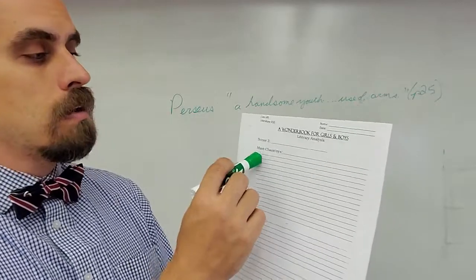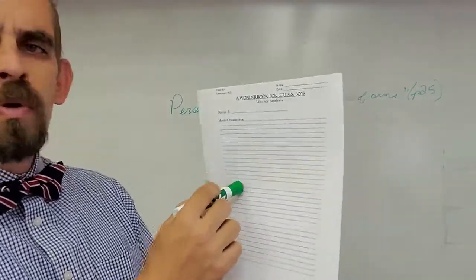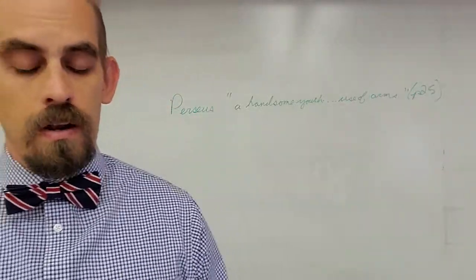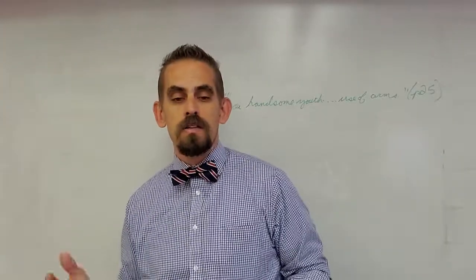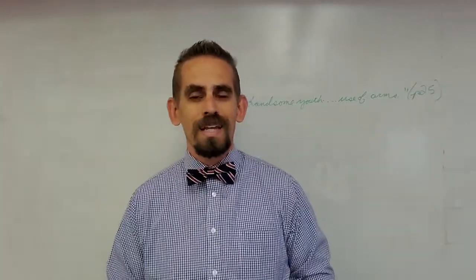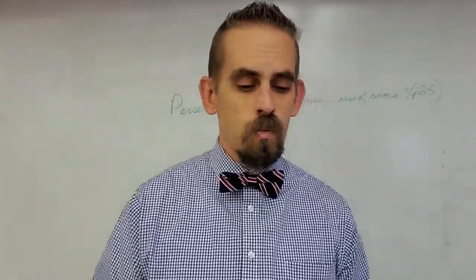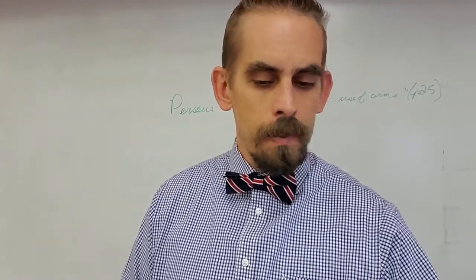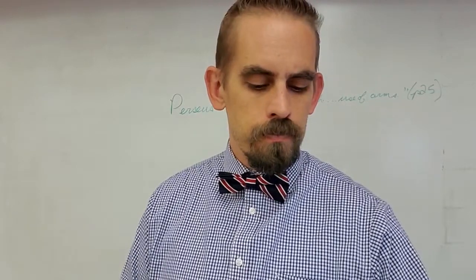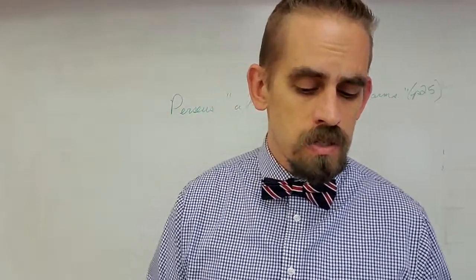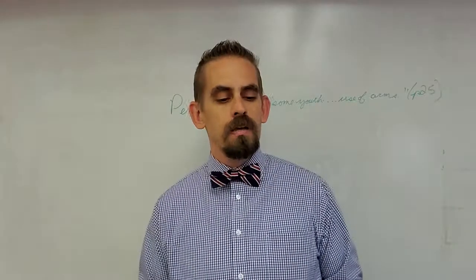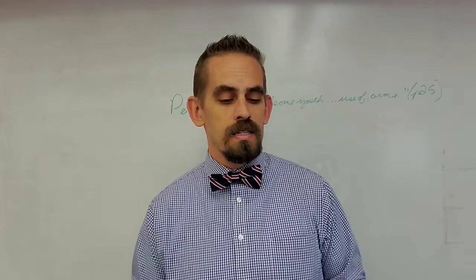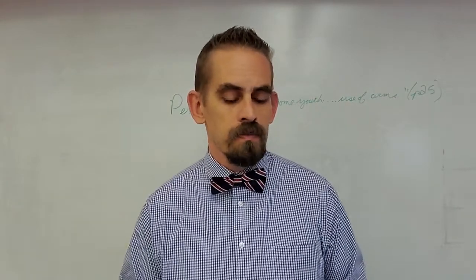So scene, main characters, then we put leading idea. Now this can be varied. In a scene, there may be multiple leading ideas. So for example, from scenes 1 and 2, one of the leading ideas could be this idea of luck, right?